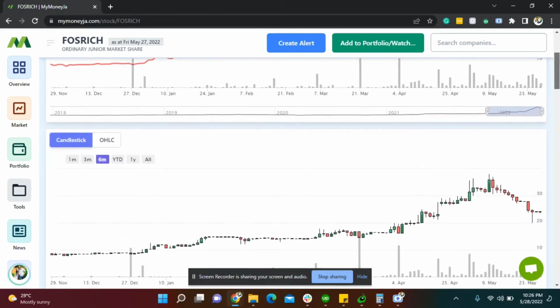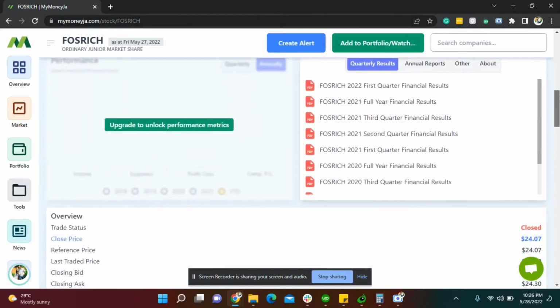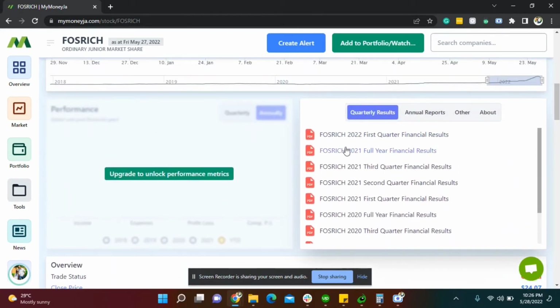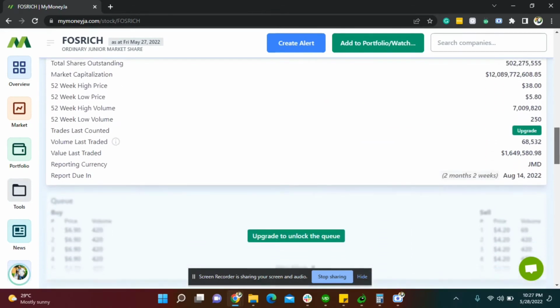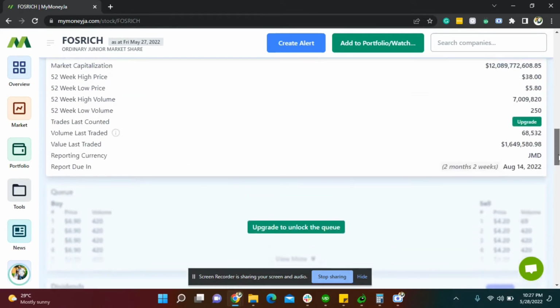So let's scroll down here on Fosrich somewhere. You can basically get some information here, some PDFs on their quarterly financial results, and that's what I use to know if a company is in good standing, if their books are good, if their book value is good, right? And Fosrich has been performing well each quarter, so it's a very strong company to buy into, right?